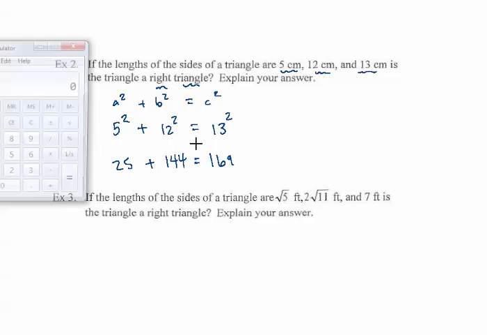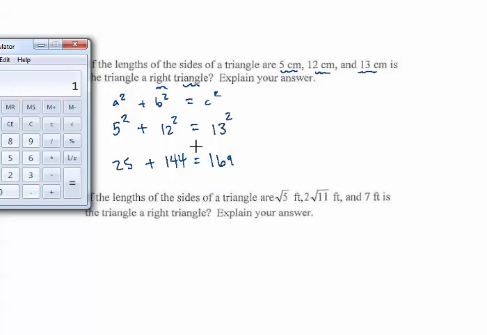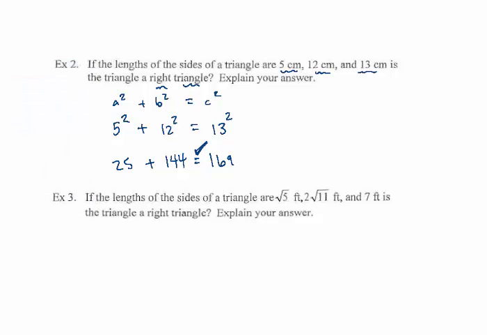So if we pull up our calculator and we add 144 plus 25, we do get 169, so that checks out. So in other words, we can construct a right triangle with these dimensions.